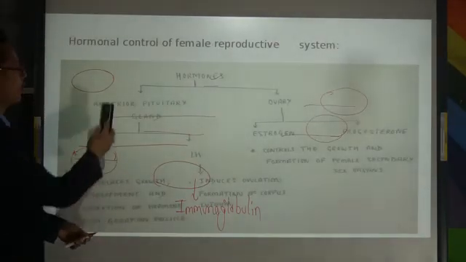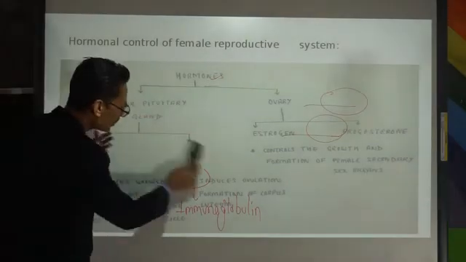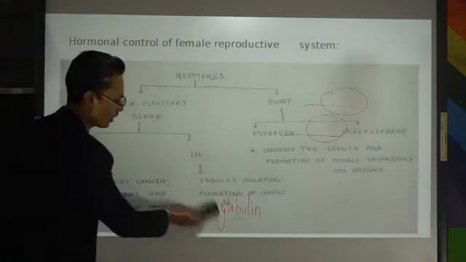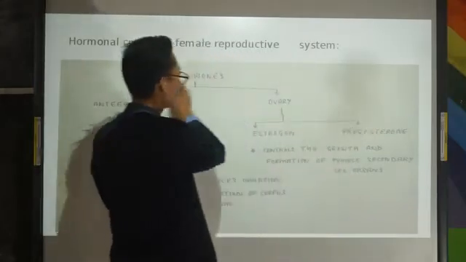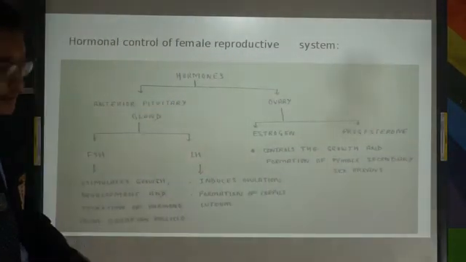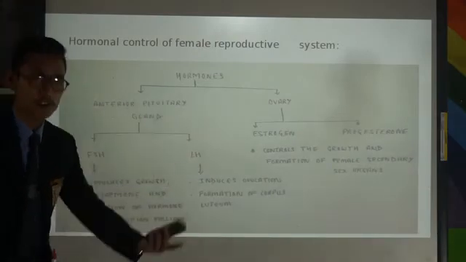Hormonal control of female reproductive system. Because all this development, structure, and functioning of the female reproductive structures are under the control of hormones. And what are hormones? They are the chemical messengers. So let's see what are the hormones and what are the functions.